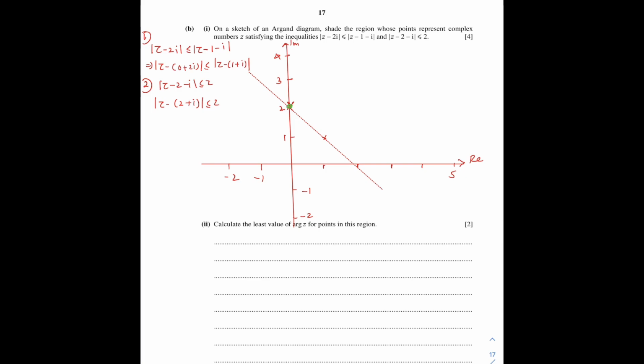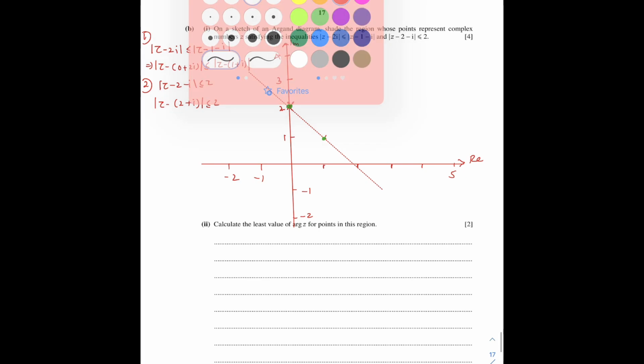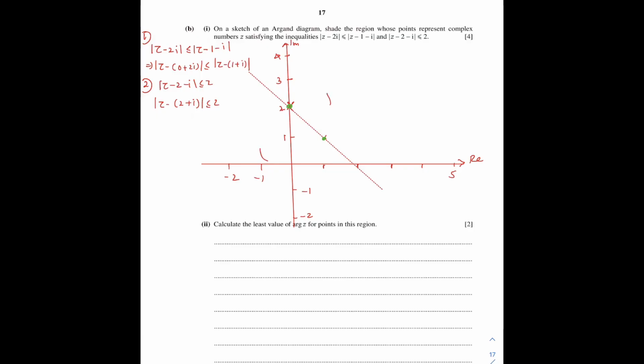Now I put my compass tip on 0 plus 2i, and draw an arc up and an arc down. Then from the compass tip on 1 plus i, an arc up and an arc down, and then I join the points passing through them. It's not exact, I know, but I have tried my best. Alright, next one.